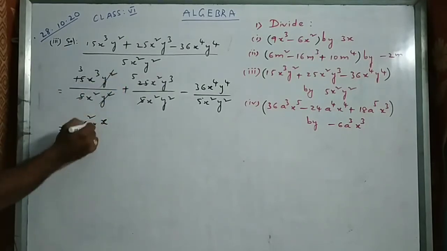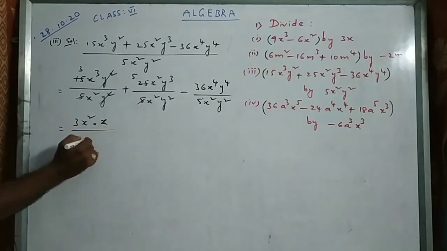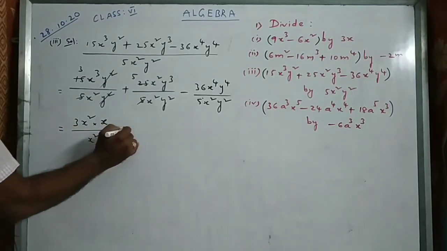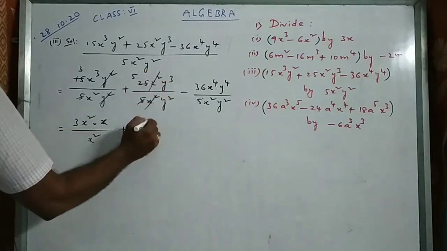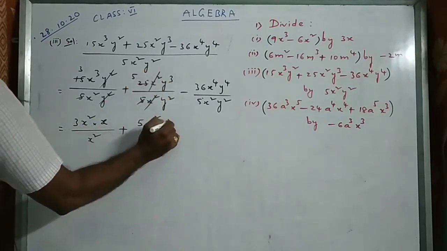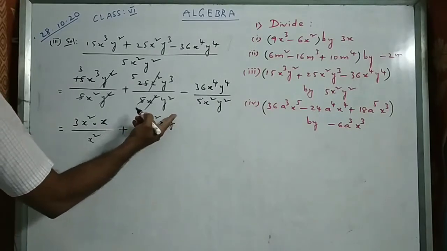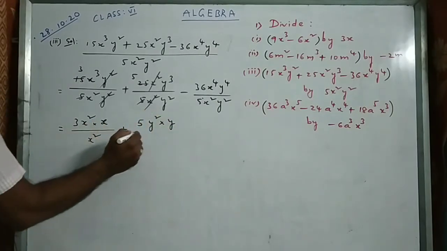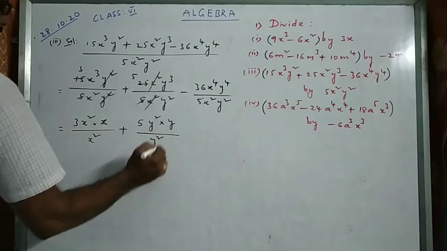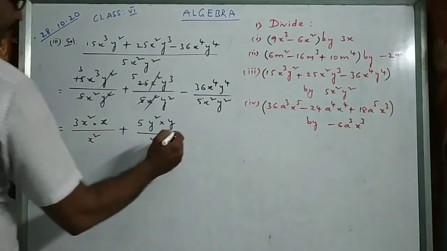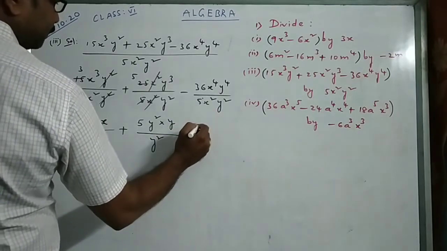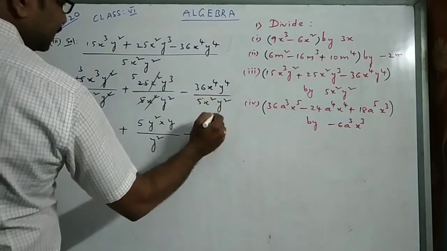X cube, can I write x square into x? Y square cancel upon x square plus 5, x square cancel. Y cube, can I write y square into y? Here 2 is there, here 1 is there. 2 plus 1, 3. So I can express like that. Y cube can be written as y square into y minus 36.